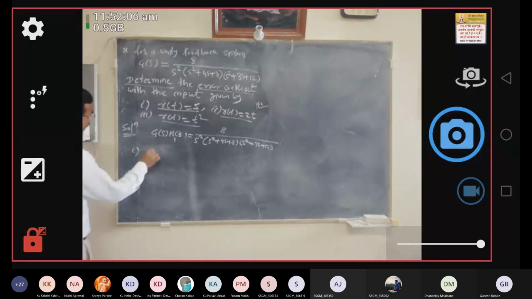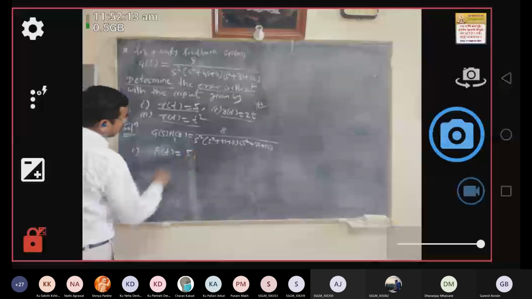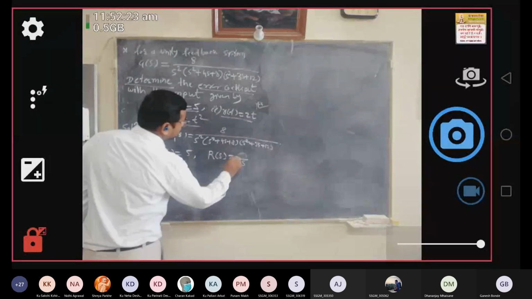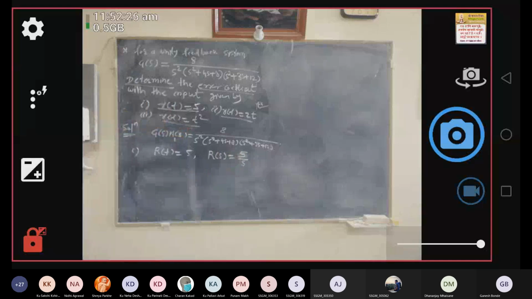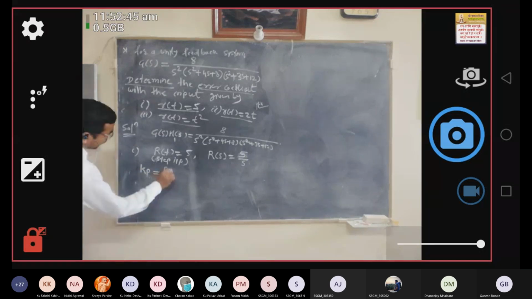So let's say for the first input, R of t is equal to 5. So what is R of s? R of s will be given by 5 by s. So for the step input, which type of error coefficient do we get? We get the value of Kp, that is the positional error coefficient.